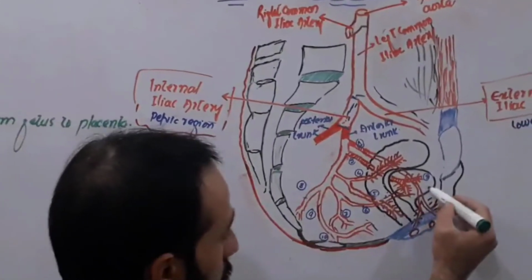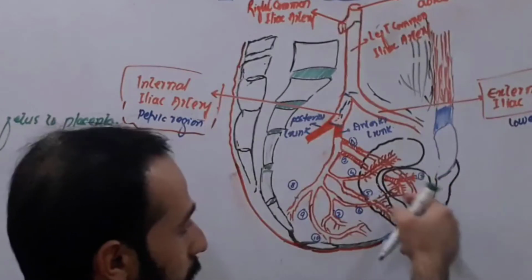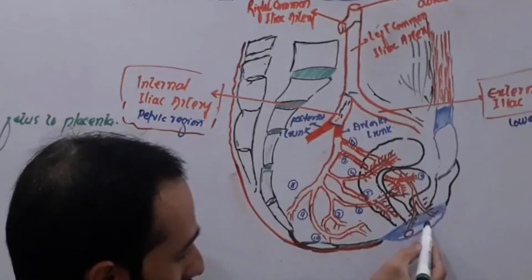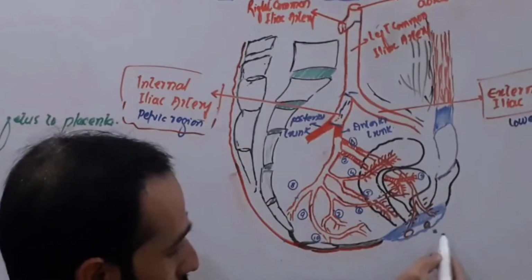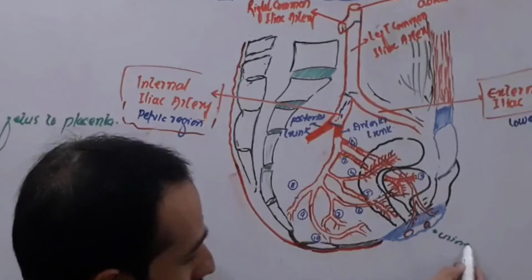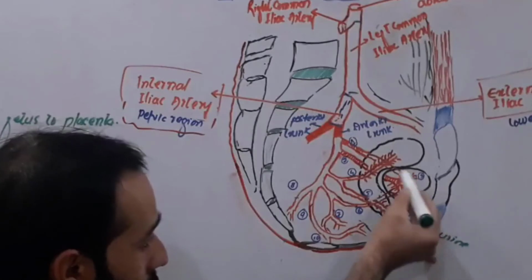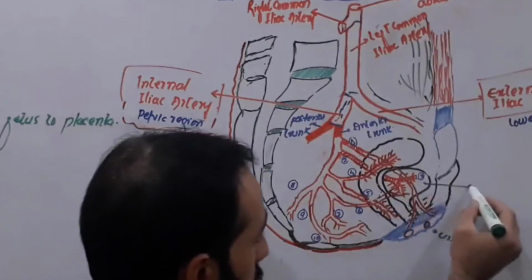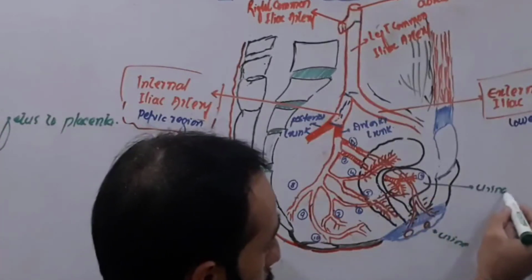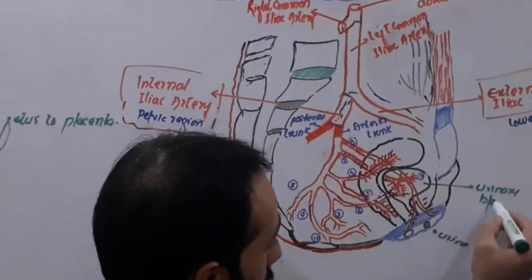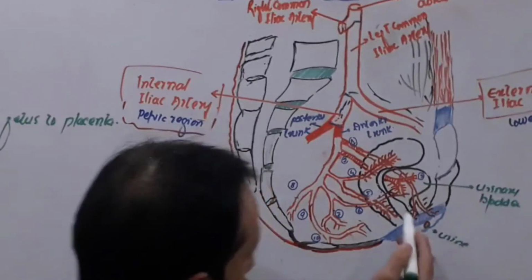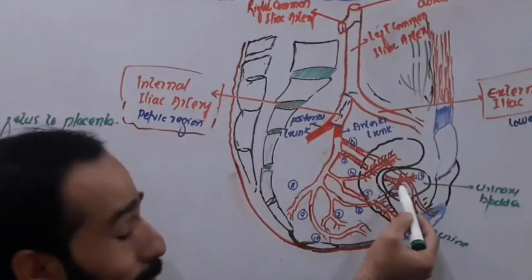Here is the bladder. Look, this is the urinary bladder. You can see from here the female passes urine, so this is the urethral opening, and this is the urinary bladder. So this artery is called the superior vesical artery.